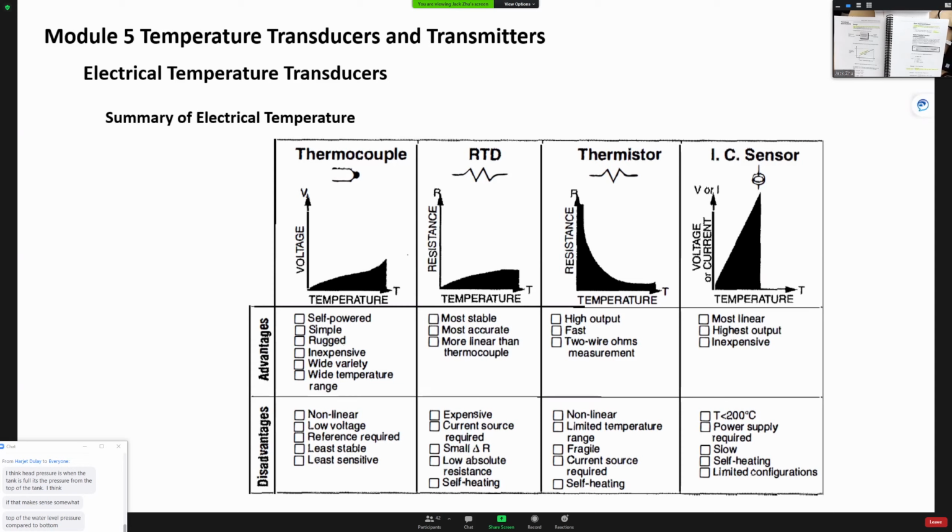So you need to use two pressure sensors, one on top, one on bottom, and you have to subtract the top measurement from the bottom measurement. That will give you the head pressure or hydrostatic pressure.